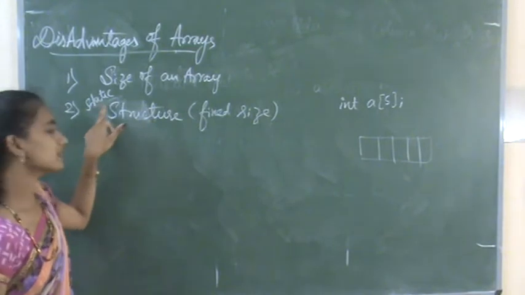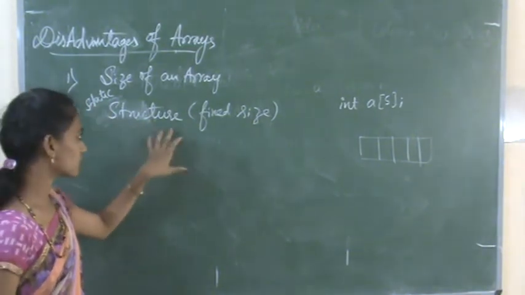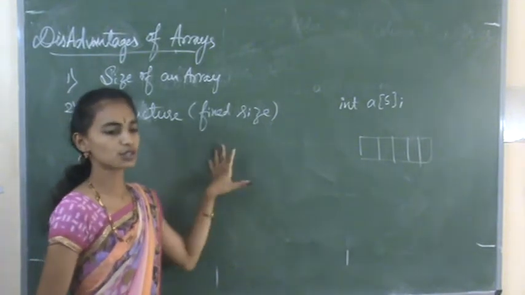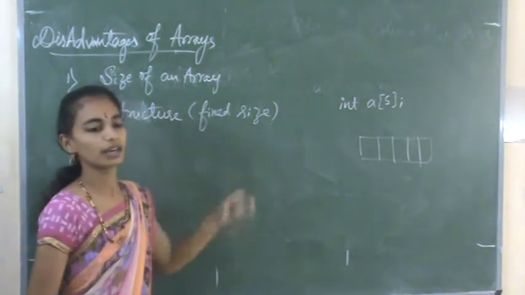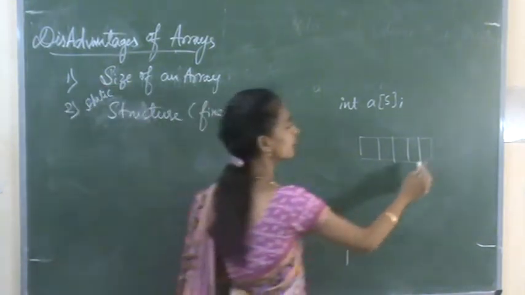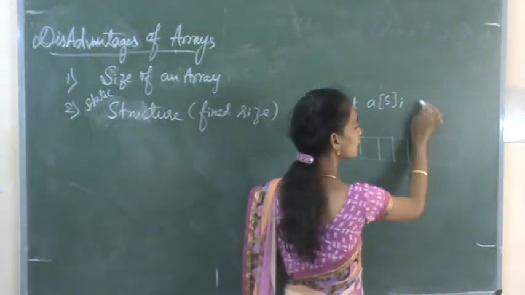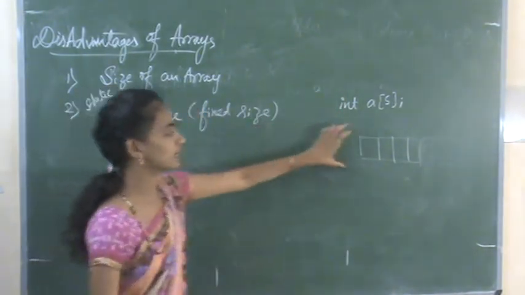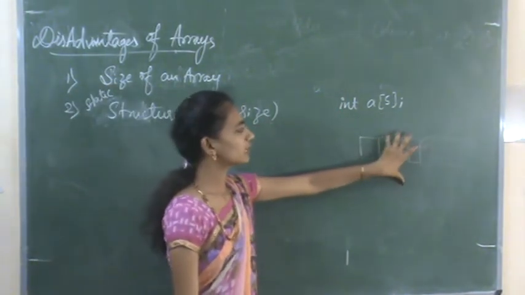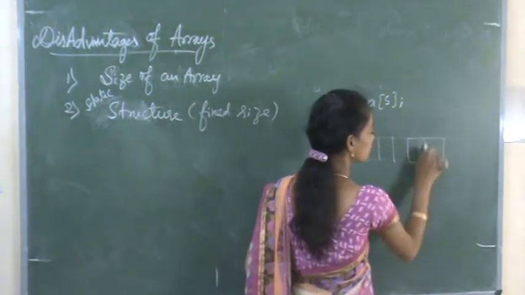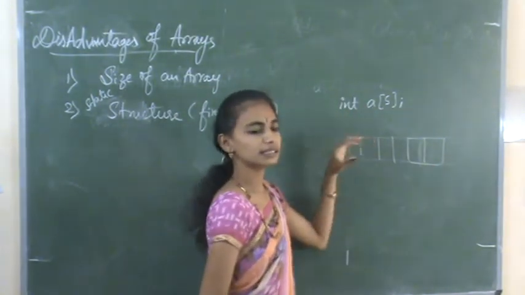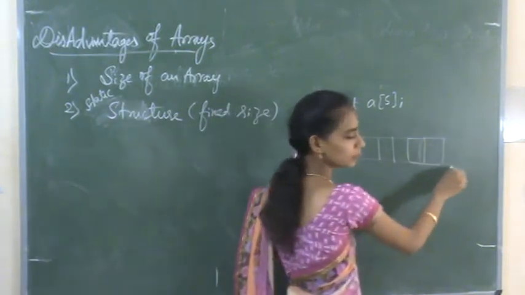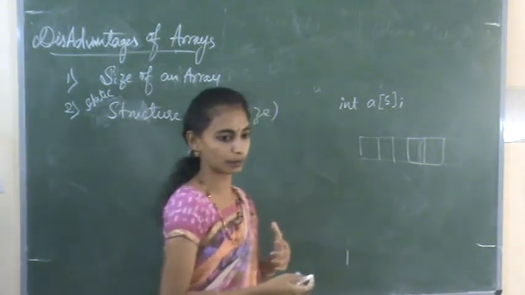An array is a static structure, which means it is fixed in size, so we cannot increment or decrement the array. If it is declared as 5, then 5 elements have to be inserted. If I want to add an extra element, we cannot increase the allocation of memory.